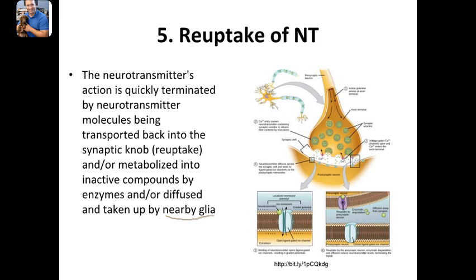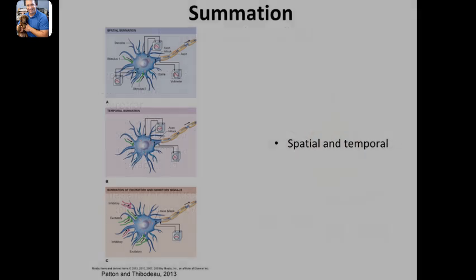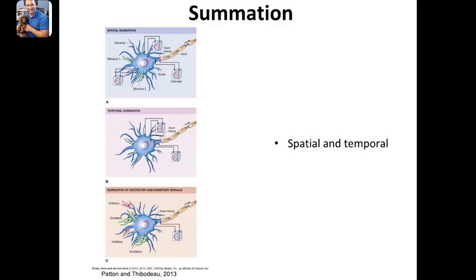Microglia essentially clean up and gobble up whatever, trash, bacteria, anything that we need to recycle or destroy. So those glial cells will help out. Summation means that you get a lot of action potentials coming in. The nerve impulse is going to be a lot stronger.